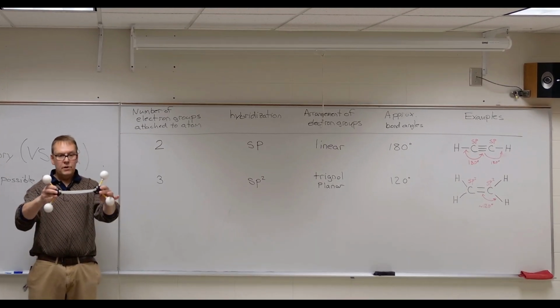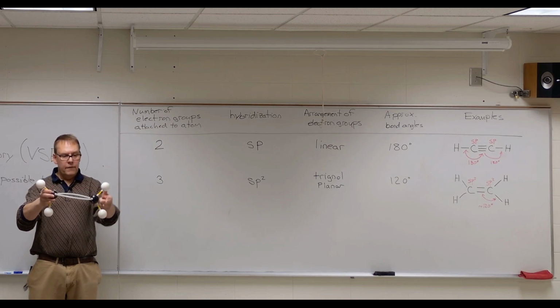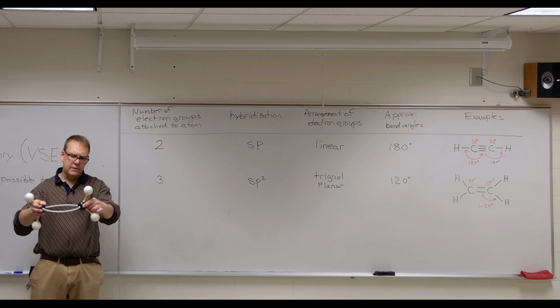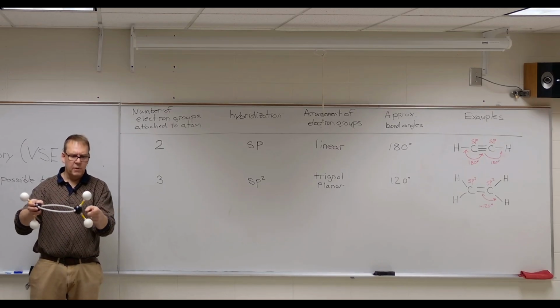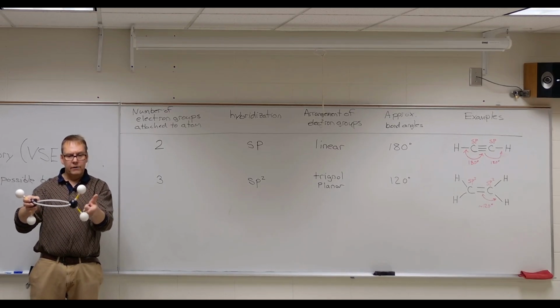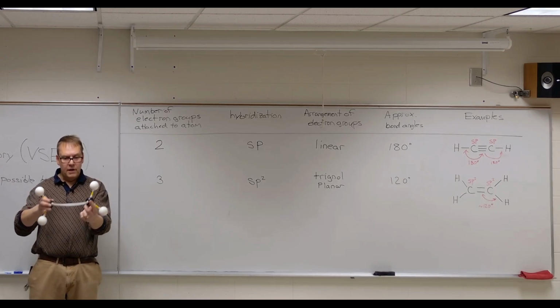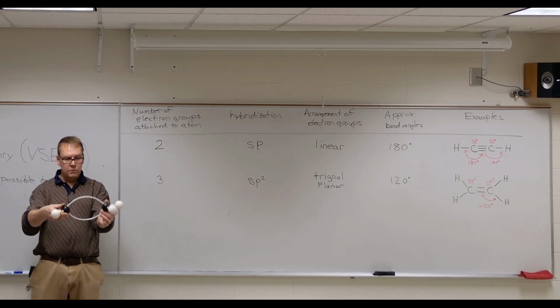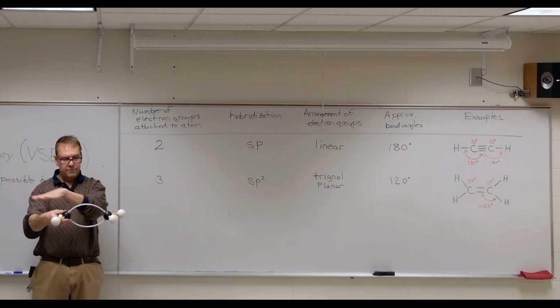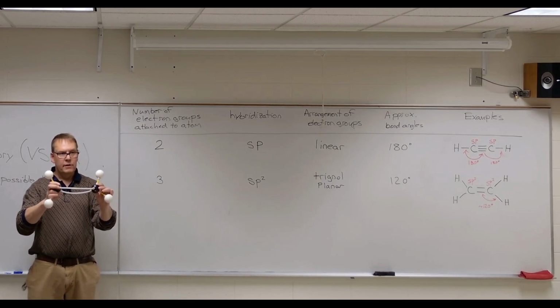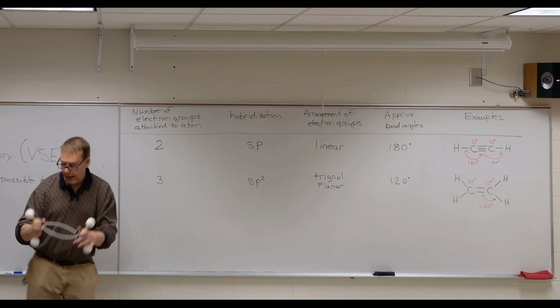But here's our trigonal planar molecule. The carbon here kind of looks like a 3-pronged propeller. It's a little lopsided because this electron group isn't the same as these, but it's a 120-degree bond angle between the bonds, and it's trigonal planar that way, and you can turn it this way, and it almost looks flat, like I could lay it on the table. So that's an example of sp2 hybridized atoms.